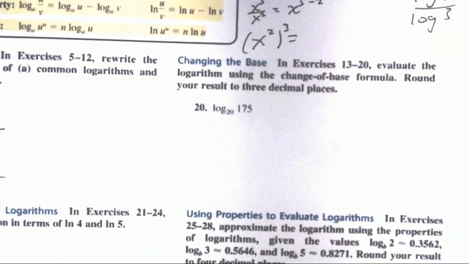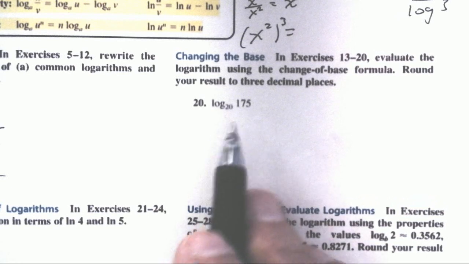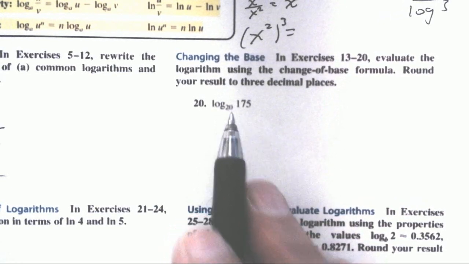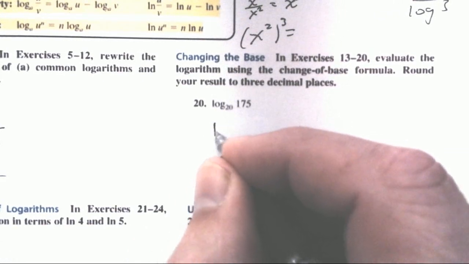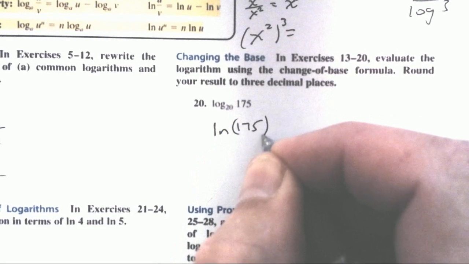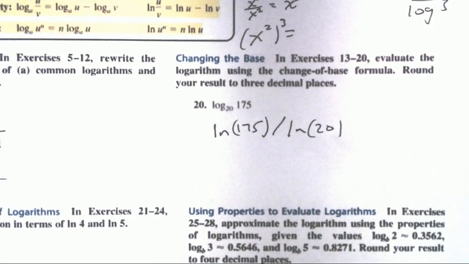Okay. Evaluate the logarithm using change of base formula. Round your result to 3 decimal places. Now, we could probably go into the calculator and use log base 20, but we could also call this ln 175 divided by ln 20. So let's take a look at that.